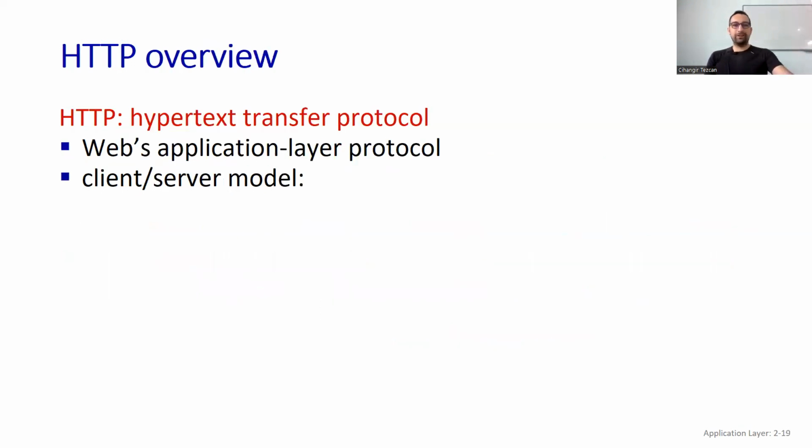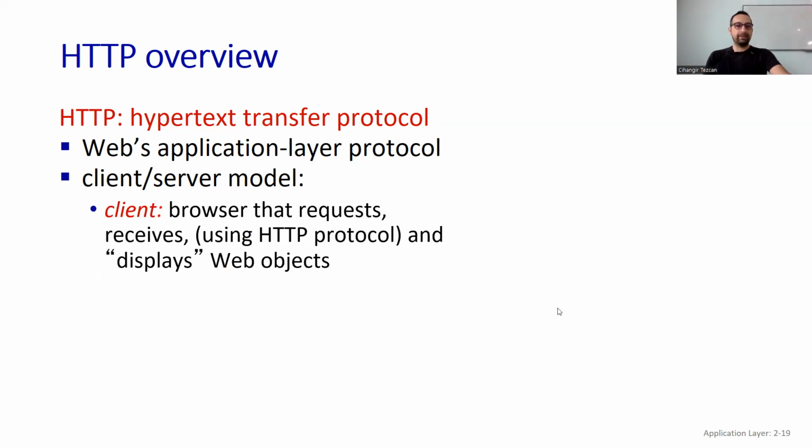So let's look at the HTTP overview. This is the Hypertext Transfer Protocol, the web application layer protocol, using the client-server model. At the client side, we have browsers that implement this protocol, right? So a browser requests, receives using the HTTP protocol, and displays web objects.